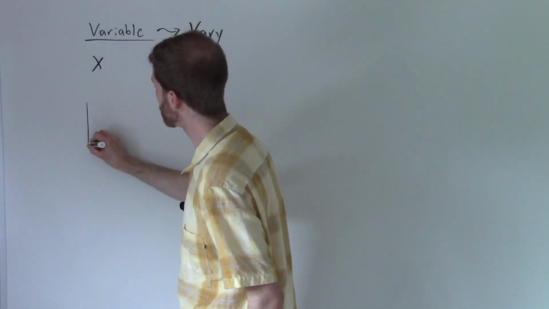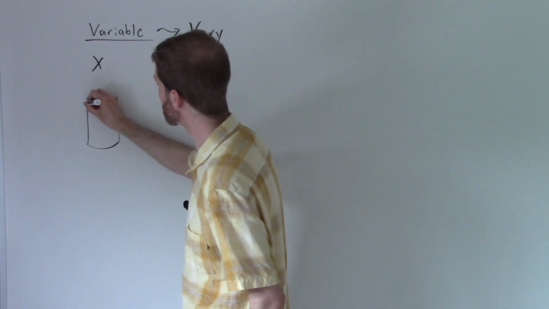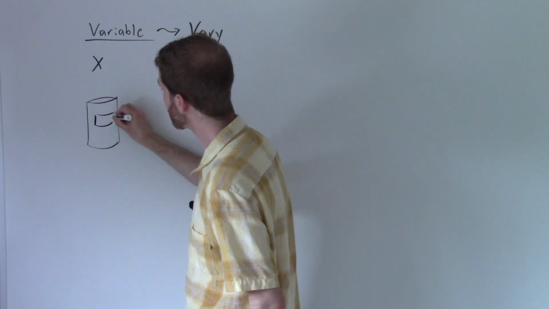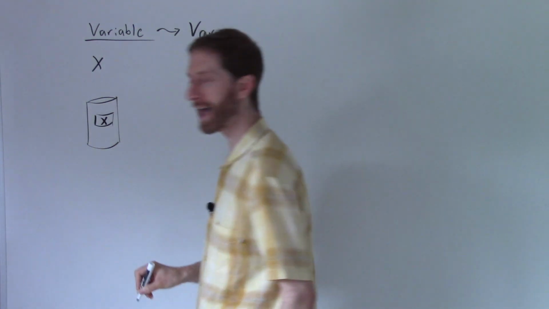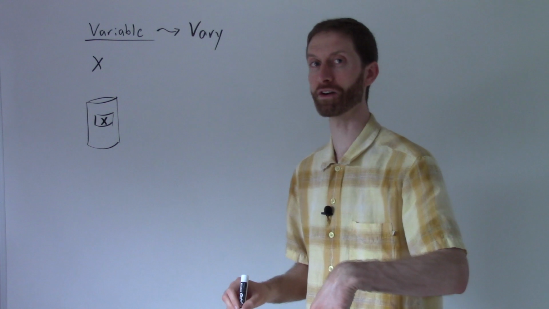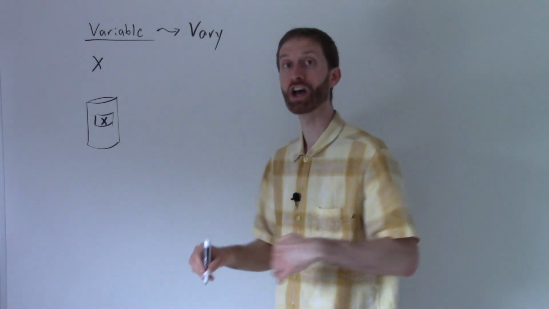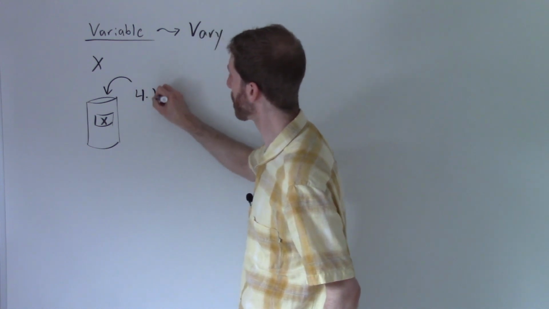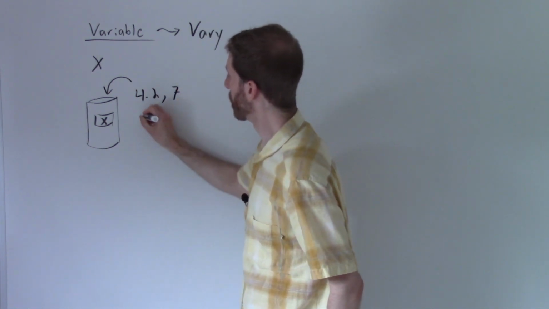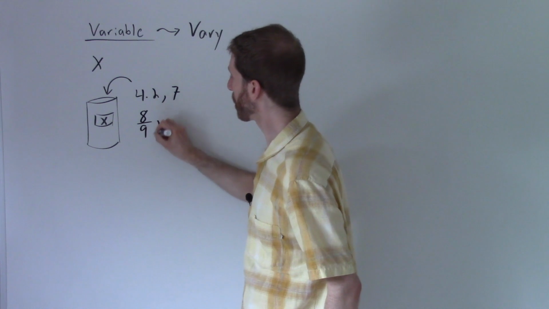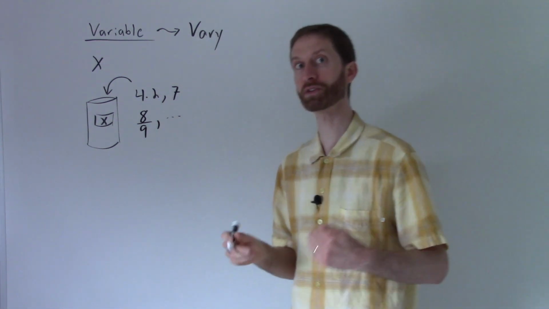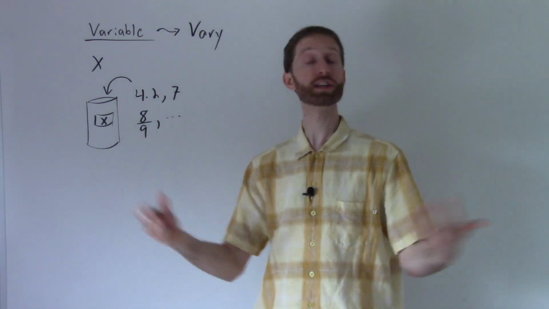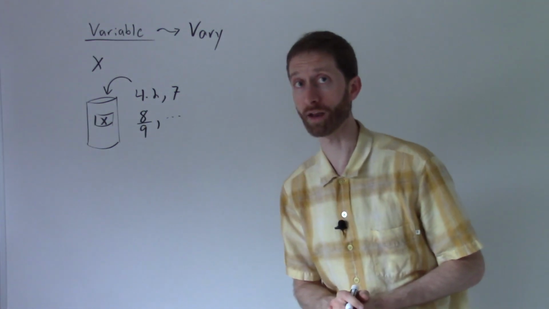So basically, if you draw out, like in my head, this is what's going on. You've got some kind of can, and we put on that can this label, and we call it X. And into that variable, into that changing amount, we can put in different numbers. So I could put in 4.2 or 7 or 8/9, or any number of other types of numbers that X or H or Z or T or any letter can take on.